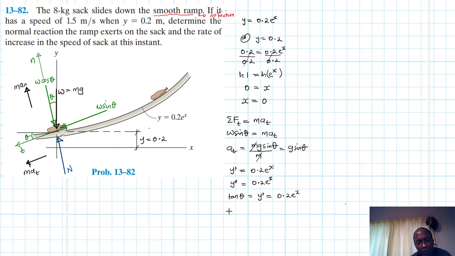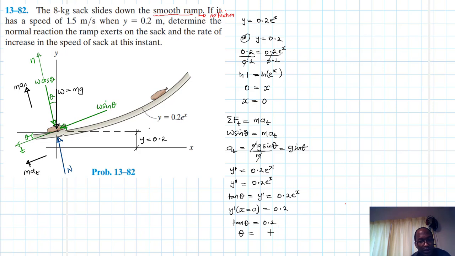Okay, so y prime at x equal to 0 is just equal to 0.2. Therefore, our tan theta is going to be equal to 0.2. Then theta is just equal to, making theta subject of the formula, tan inverse of 0.2.